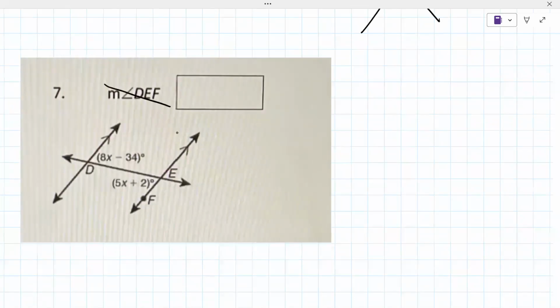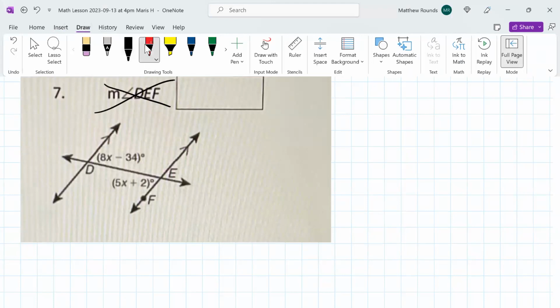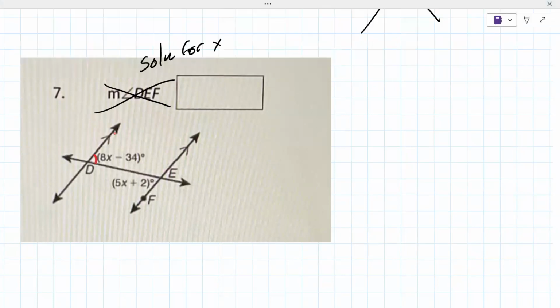All right, so before we find this angle measure, we're going to solve for it. And that's very common in these problems: you first solve for the variable. So there's that angle, there's that angle. What do you know about those two angles? They are congruent, I think.